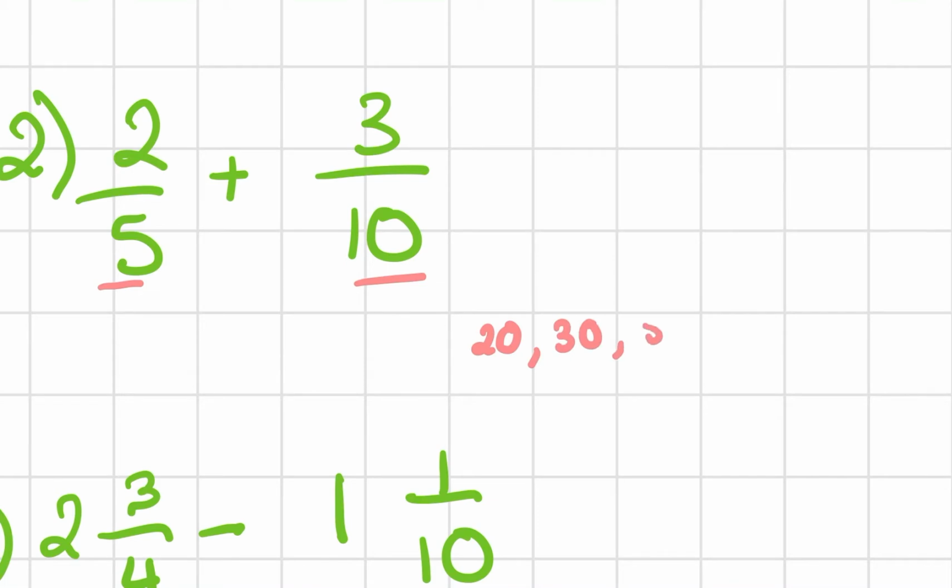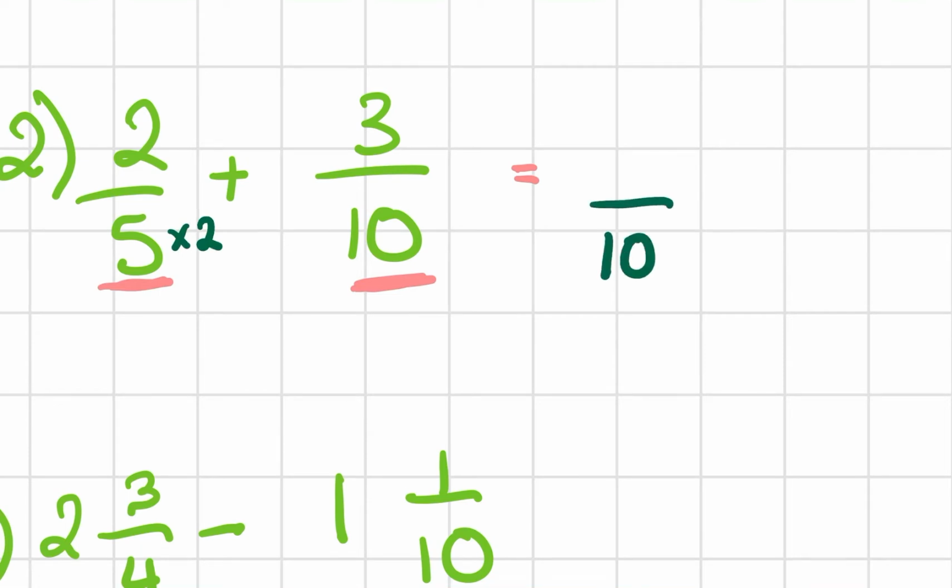50 works, and so on. But if we're dealing with the smallest one to save us time, you can actually make this 5 look like this 10, meaning you don't actually need to change anything about the second fraction if you can make the first fraction look like it. So I hope that you know that if I do 5 times 2, I get 10.